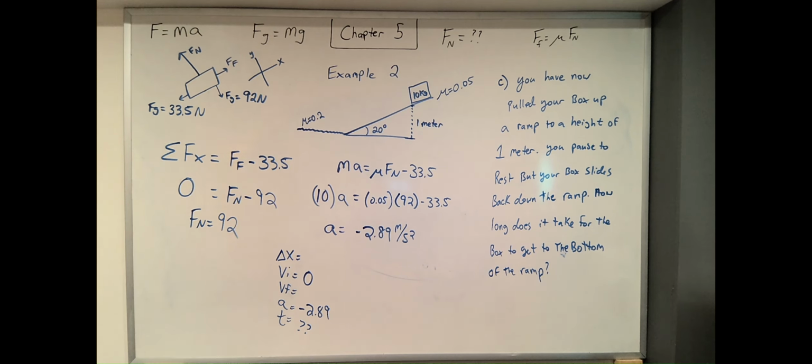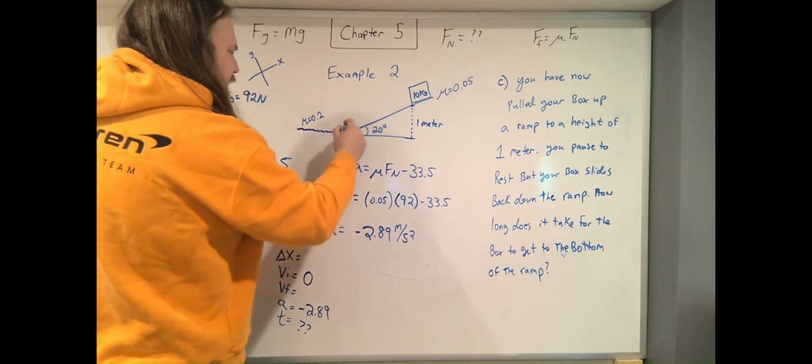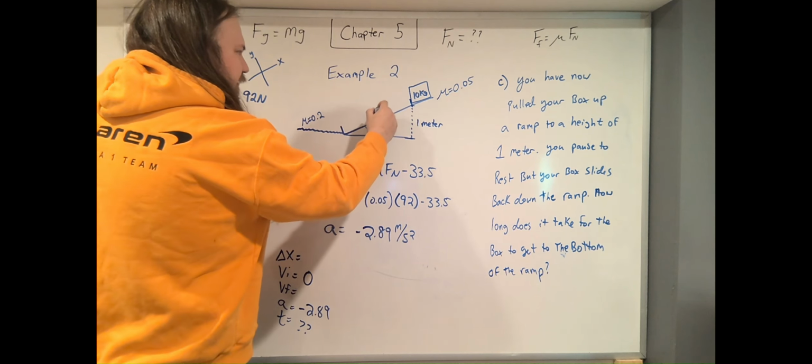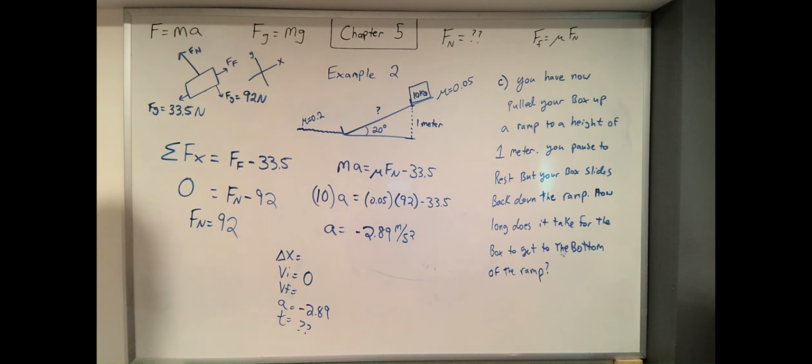But it did tell us that the box was at a height of 1 meter, so maybe I can find displacement. I need to figure out how far the box fell. I need to know what this distance here is. How would I find that out? Well, it's another triangle. I have a 20-degree angle. I have 1 meter on the opposite end. Opposite would mean sine, right?